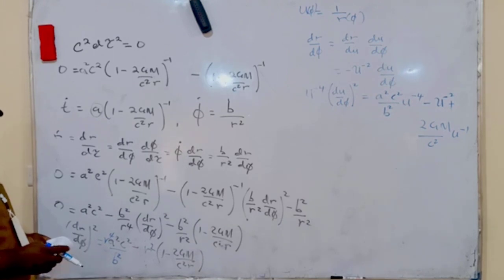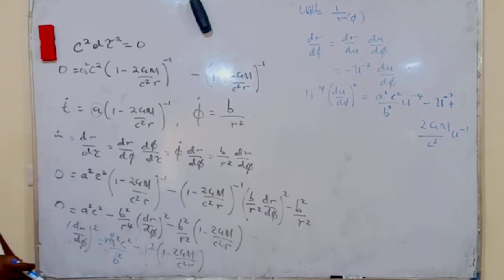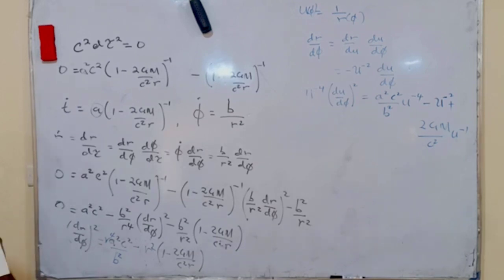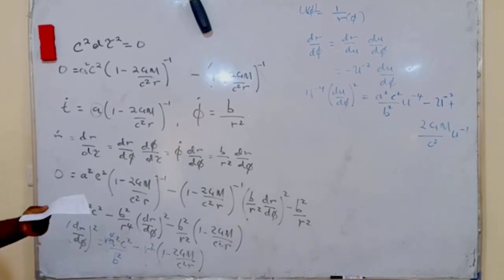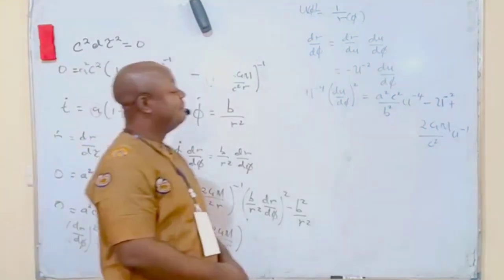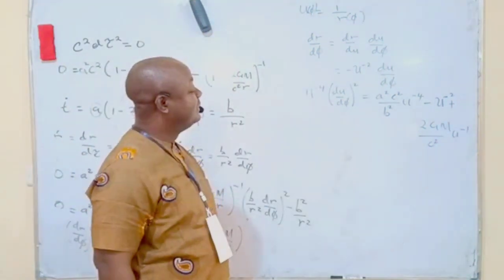So how do we eliminate the minus u? Multiply all through by what? Multiply all through by u to the power 4.